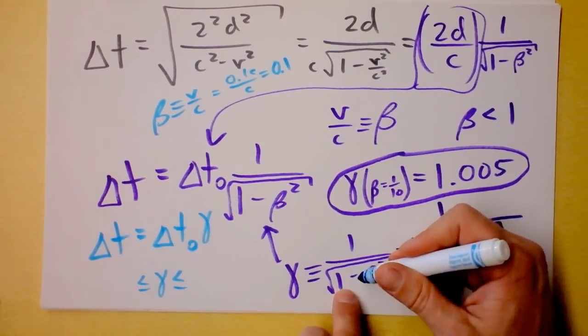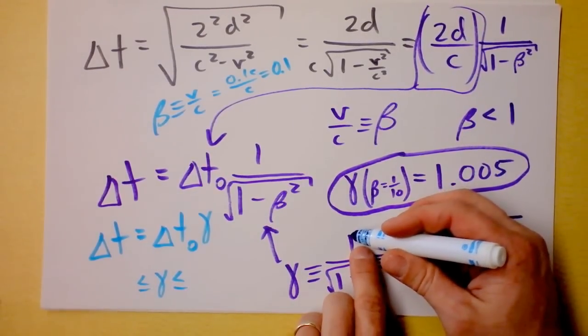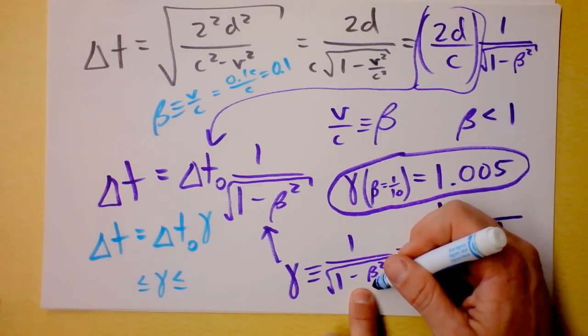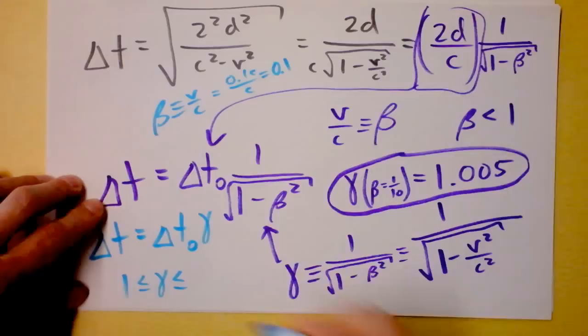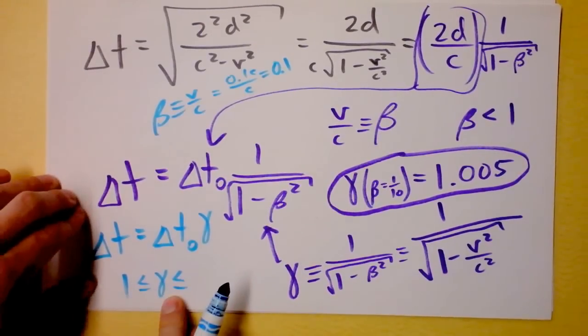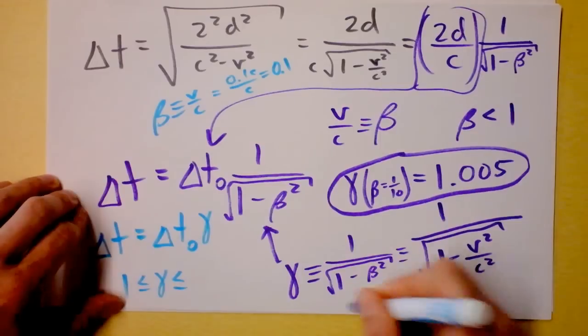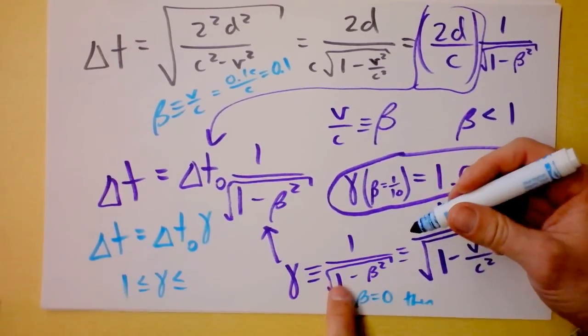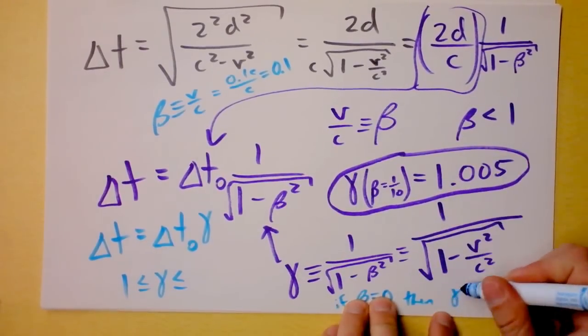And now I have a number between 0 and 1, and I'm dividing 1 by that number. This gamma, therefore, is going to be bigger than 1 all the time. The only time gamma could be 1, let's try it out: if beta equals 0, then we're taking 1 minus 0 and the square root, we get 1, so gamma is 1.